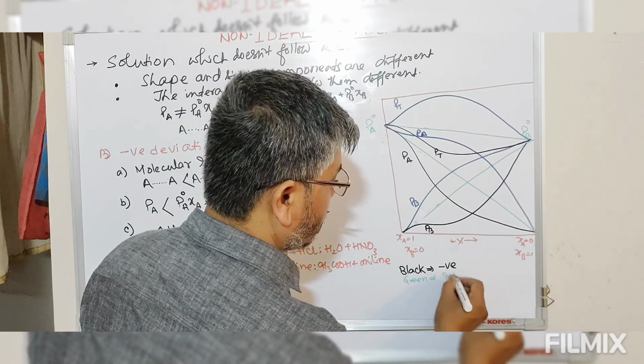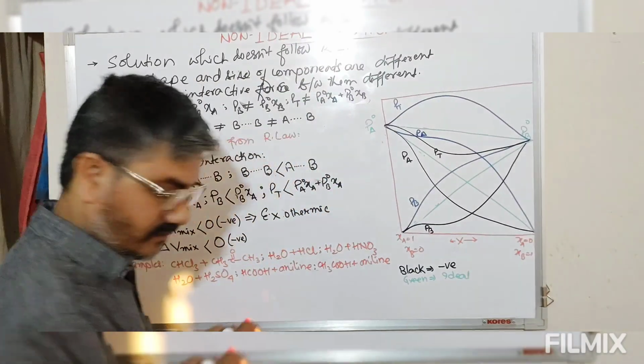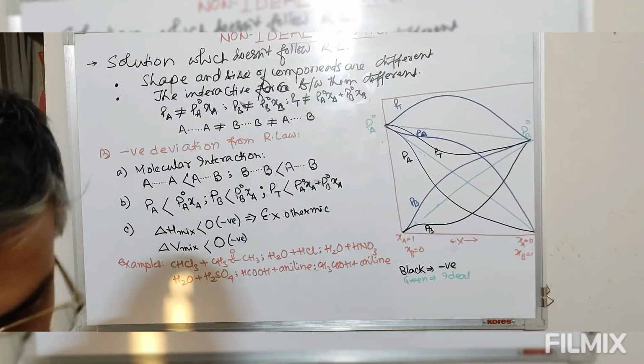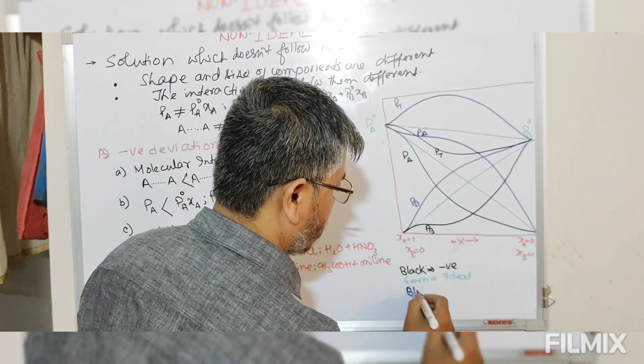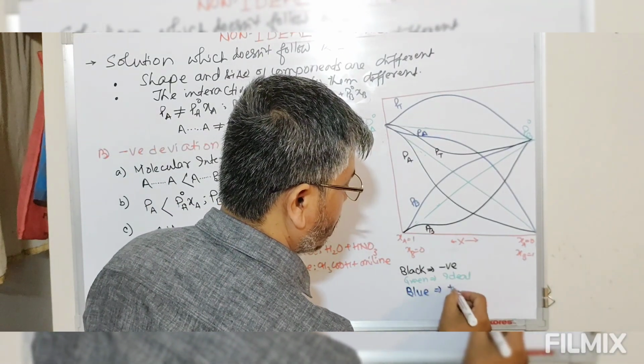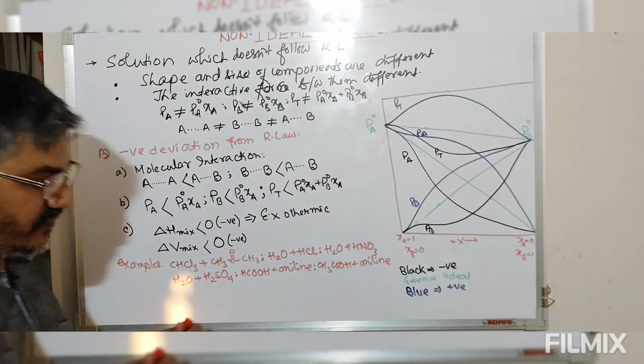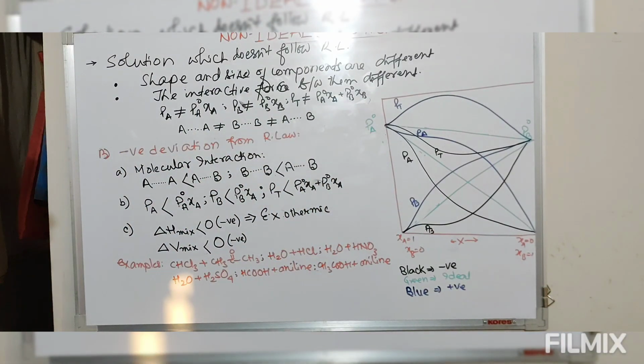Green is ideal, and blue is positive deviation from Raoult's law. So these are the characteristics of three types of solution.